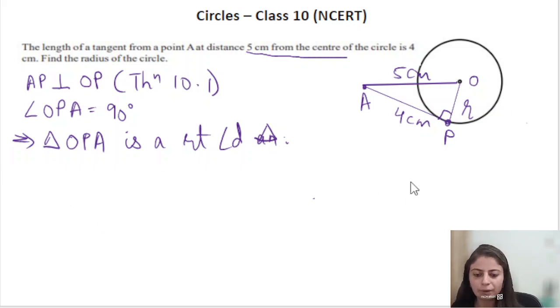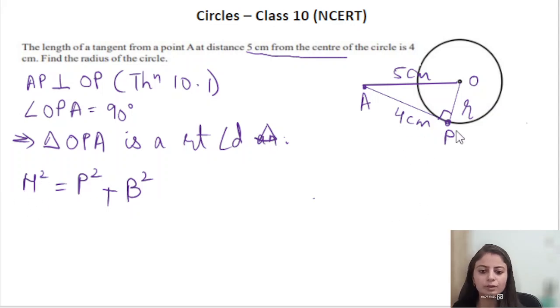What Pythagoras says is: square of hypotenuse equals square of perpendicular plus square of base. Now what's the hypotenuse over here? The hypotenuse is the side opposite to this 90 degree angle. So the side opposite to the 90 degree angle is this OA. So this is 5.